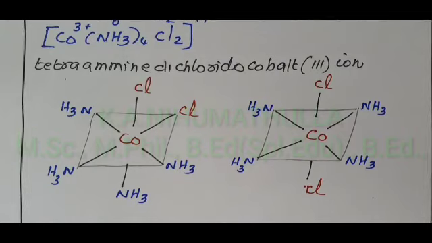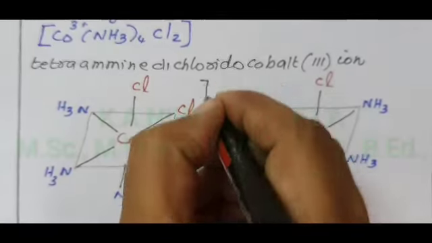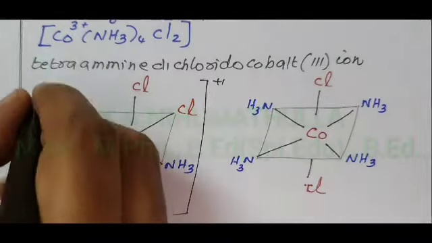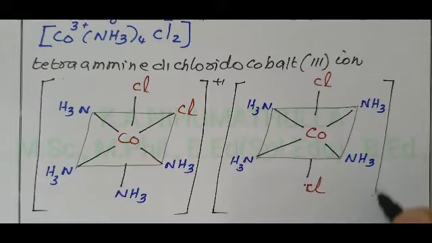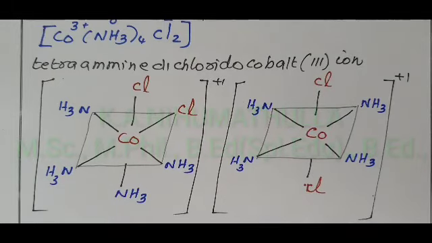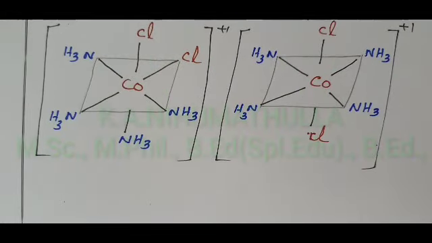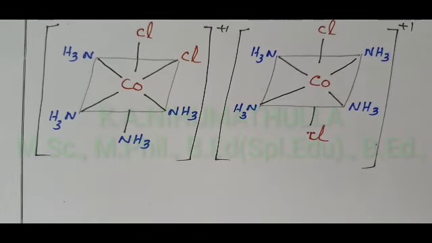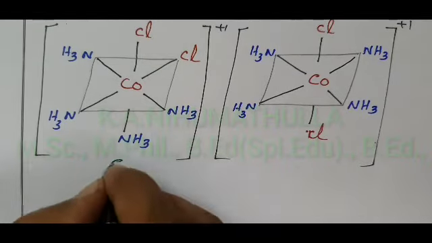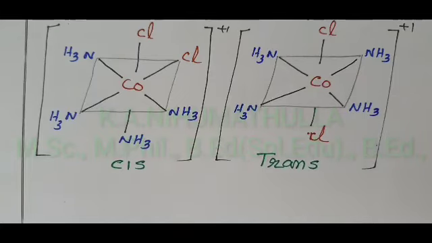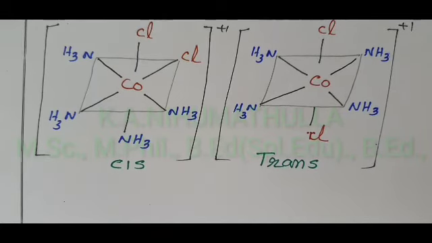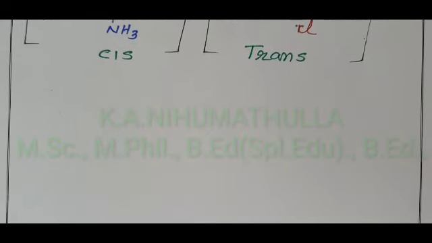Now the charge on the complex is plus 1 in both. The first isomer is called cis isomer because similar ligands are in 1, 2 positions in octahedral complexes. Another one is trans. Taking one bidentate ligand as an example, now we are going to draw another cis-trans structure of octahedral complexes.